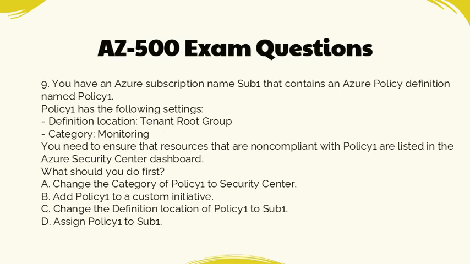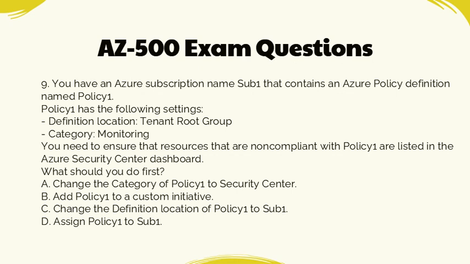9. You have an Azure subscription named Sub1 that contains an Azure policy definition named Policy 1. Policy 1 has the following settings: definition location, tenant root group, category, monitoring. You need to ensure that resources that are non-compliant with Policy 1 are listed in the Azure Security Center dashboard.